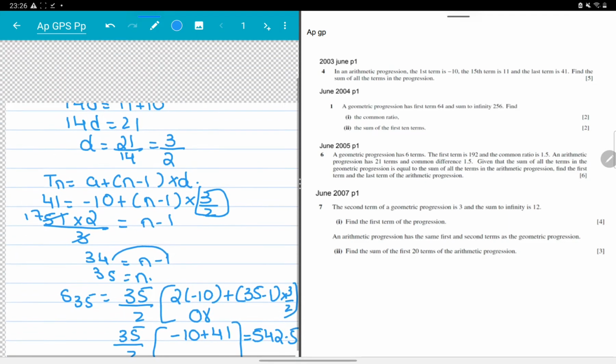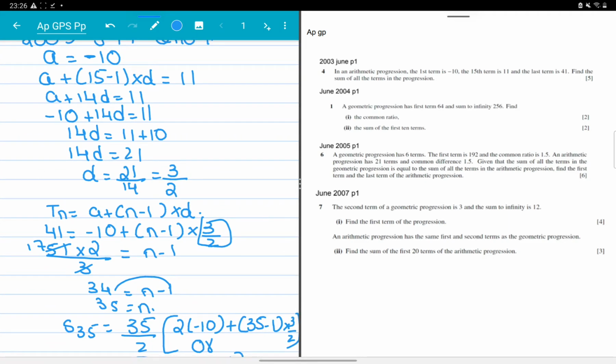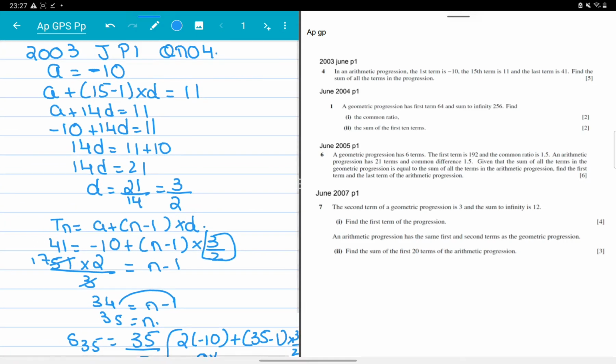Okay. So now in this question they were asking what will be the sum of all the terms of the AP. So first of all, if we see the question, we don't have the difference. We don't have the total number of terms. So before finding the sum, we need the difference, we need the total number of terms. So for that, first of all, we will find the difference. So the difference is 3 over 2. Then we'll find the number of terms.